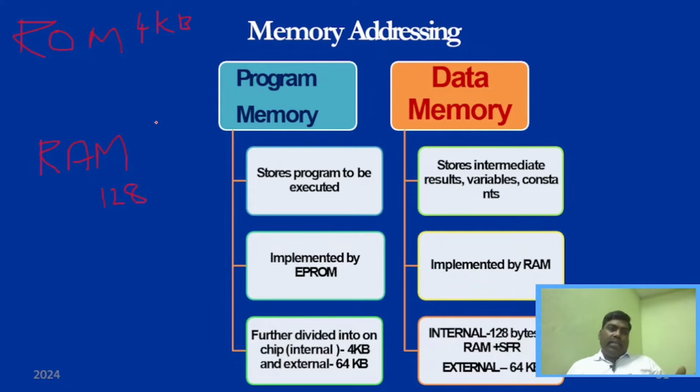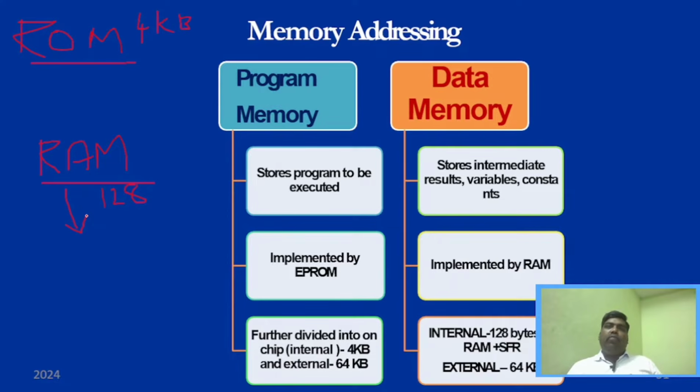ROM is always called non-volatile memory, so whatever programs we have to store in the microcontroller will be stored in ROM, because the program is a set of instructions which is not going to change much. Those program instructions will be saved in ROM, whereas RAM is volatile memory, which we use for data storage. That is the very basic information about ROM and RAM.